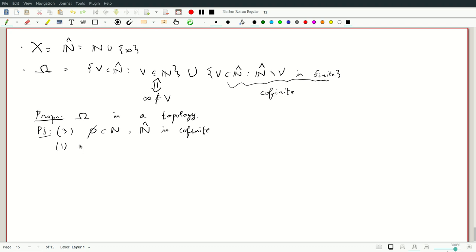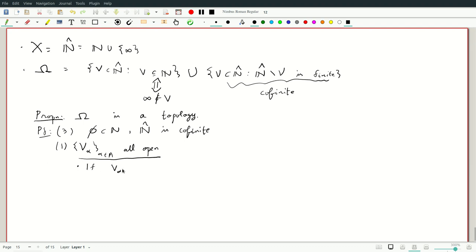Now suppose we have V alpha, alpha in A, and suppose these are all open. I have to show the union is open. So we consider this case, and now we have two cases.